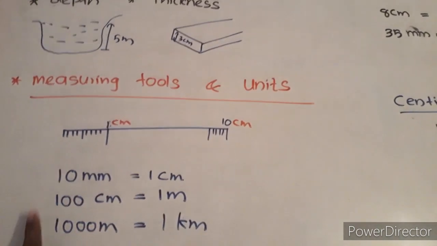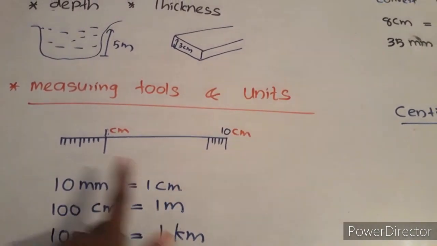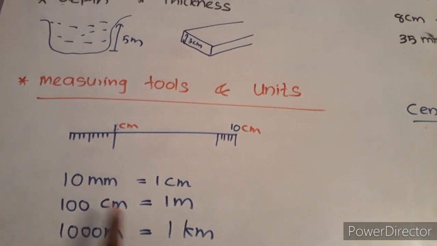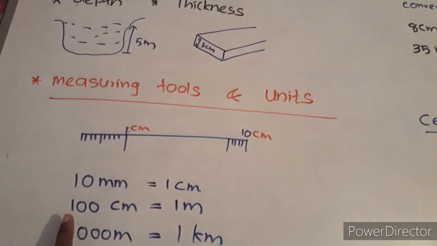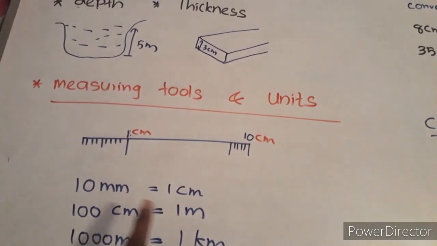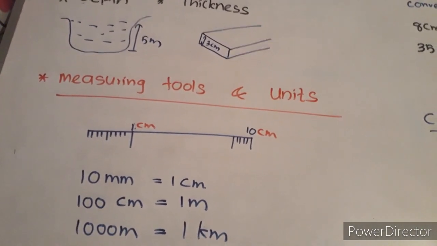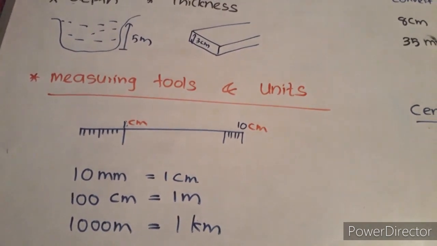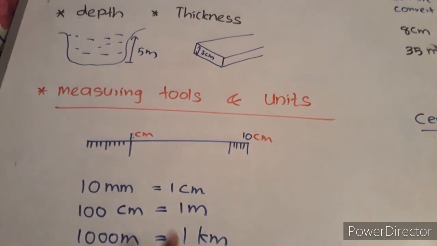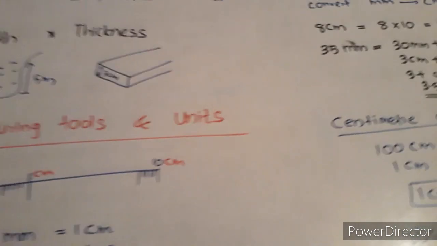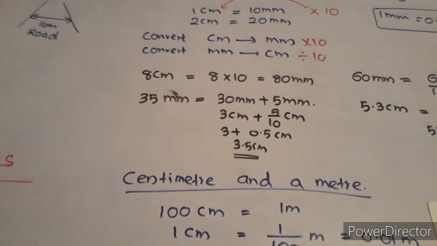So you have to be familiar with those units and symbols. Okay, so 10 millimeters equal 1 centimeter, 100 centimeters equal 1 meter, 1000 meters equal 1 kilometer. Okay, now we'll see the relationship between the different units of measuring length.